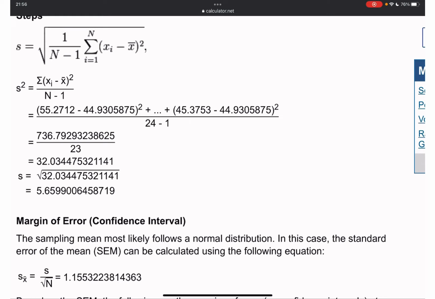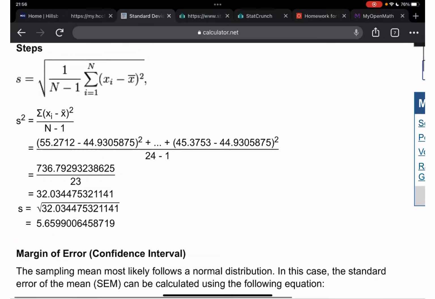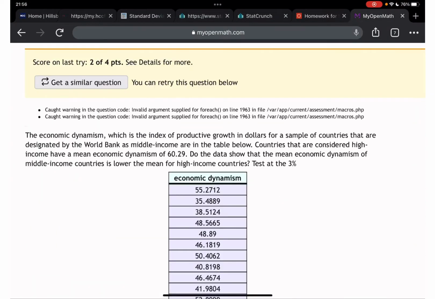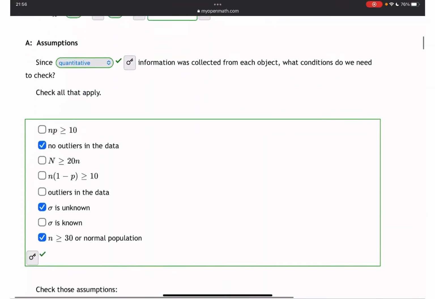Our S is 5.6599. If I round it up to 6 digits, it's going to be 5.659901. Okay. Let's go for it.